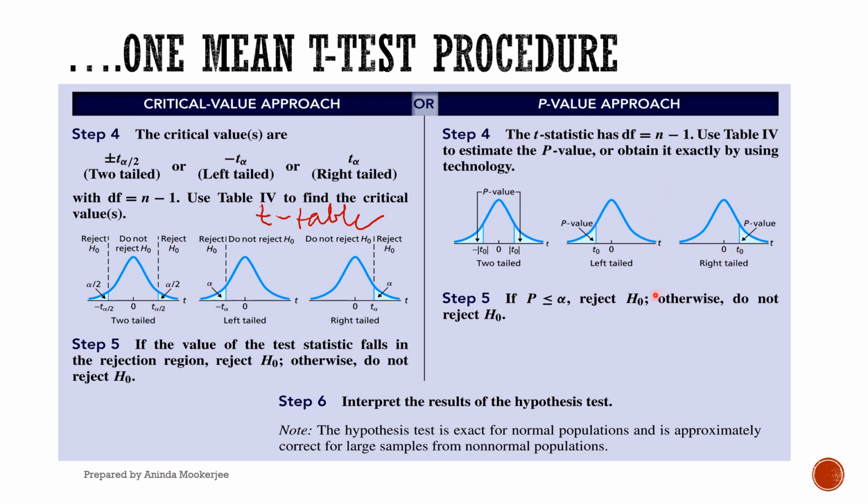If it is less than or equal to alpha, we reject the null hypothesis. Otherwise, we do not reject the null hypothesis. And finally, in step 6, we interpret the results of the hypothesis test. If it is an application-based problem, then we will have to interpret it in the context of that problem.